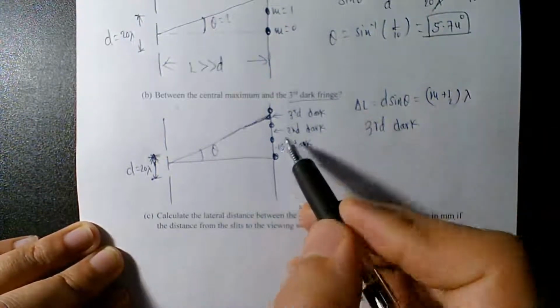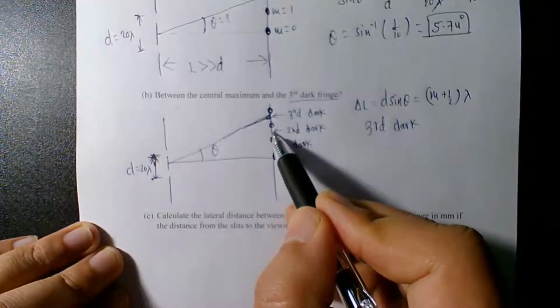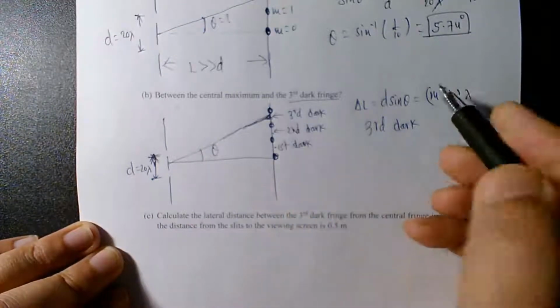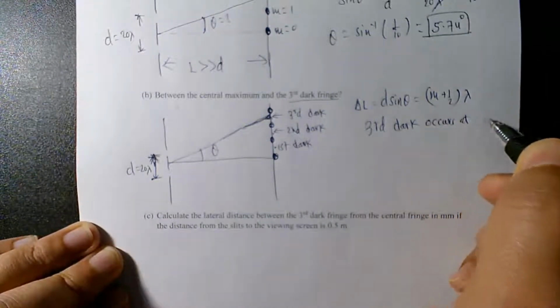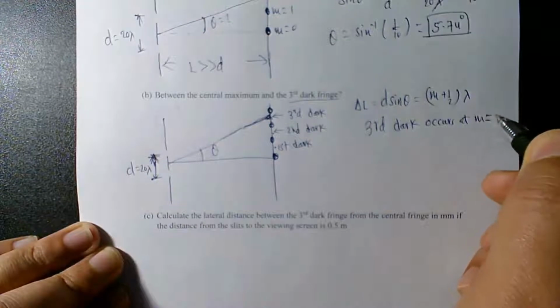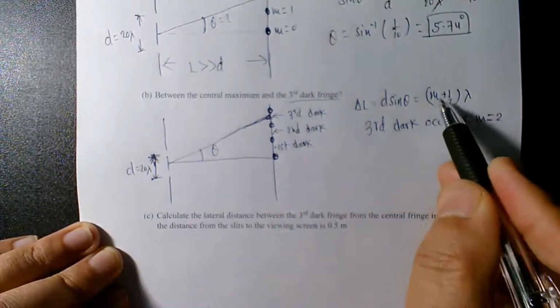From this relation, first dark is 1/2 lambda, second dark is 1.5 lambda, third dark is 2.5 lambda. So the third dark occurs at m equal to 2, because 0 corresponds to the first dark.